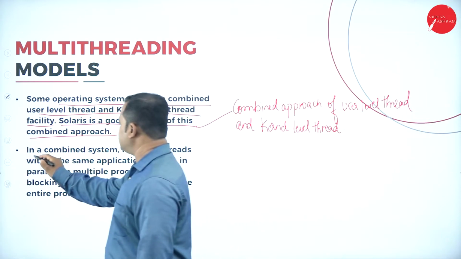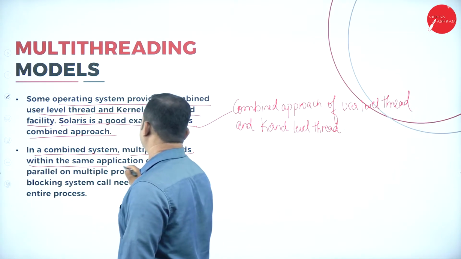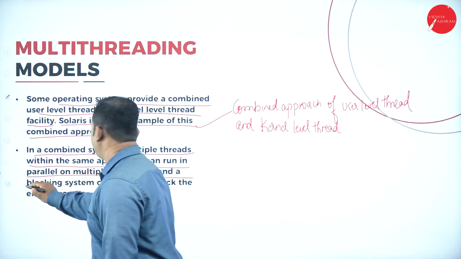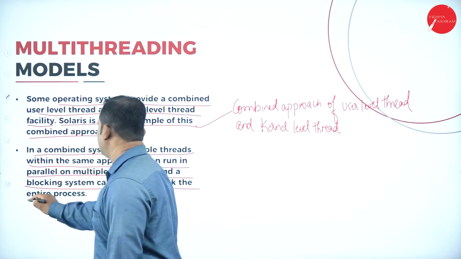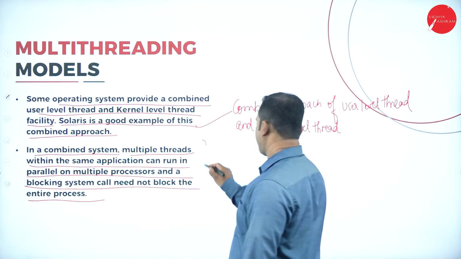In this combined system, multiple threads within the same application can run in parallel on multiple processors, and a blocking system call need not block the entire process. What is the meaning of this?